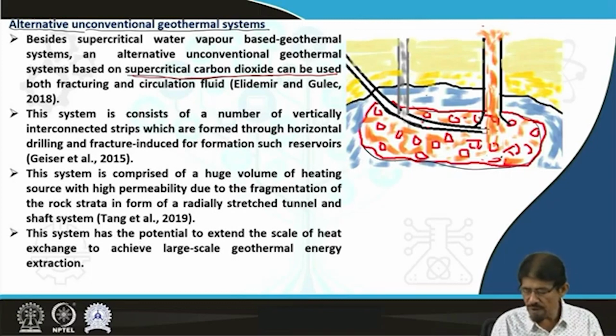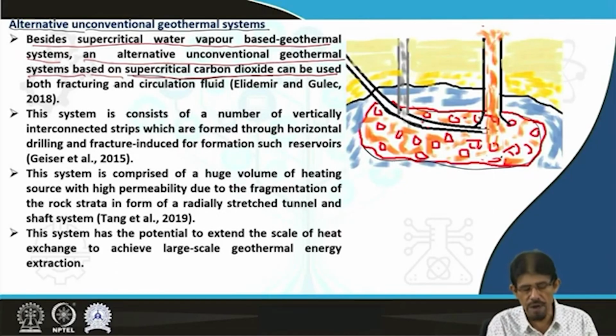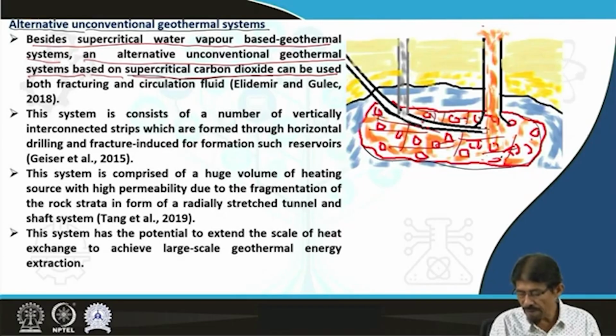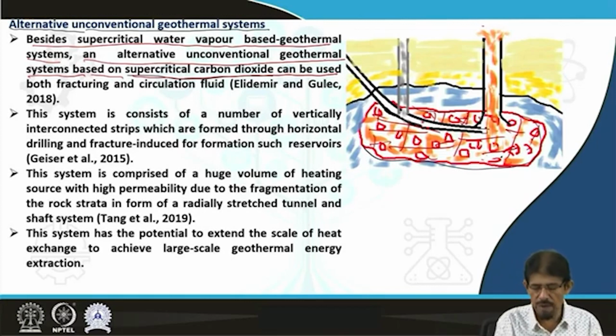So this is one alternative approach. In this, besides the supercritical water vapor based geothermal system, an alternative unconventional geothermal system based on supercritical carbon dioxide can be used both for improving the permeability as well as for making a suitable zone for extraction of geothermal energy.